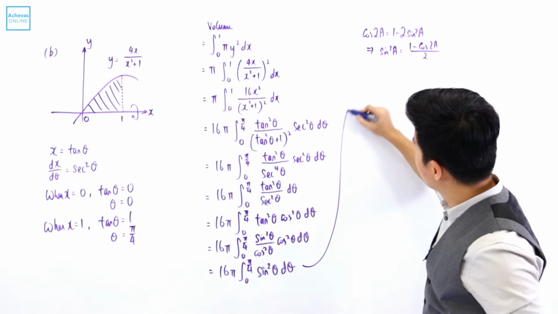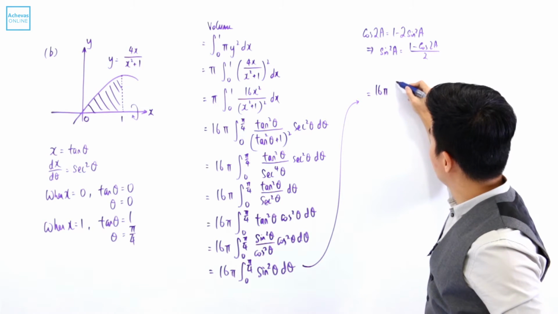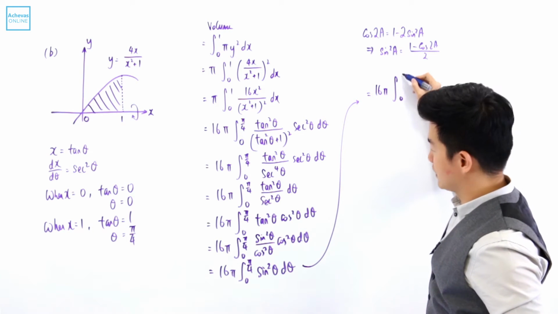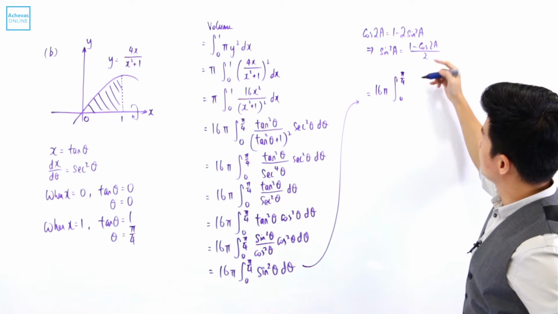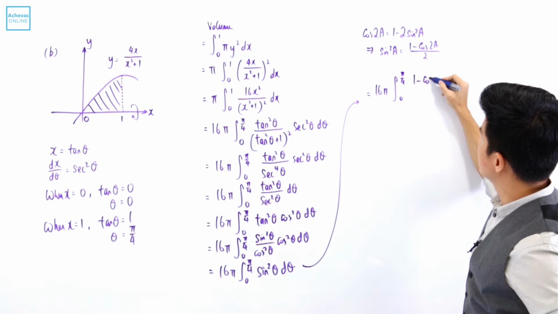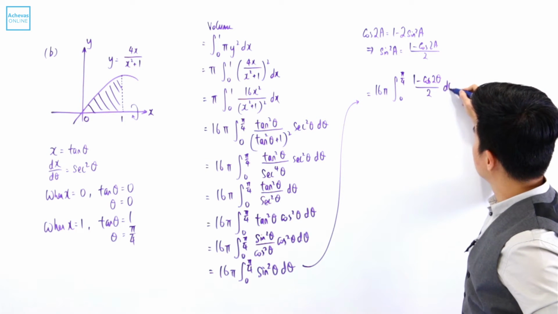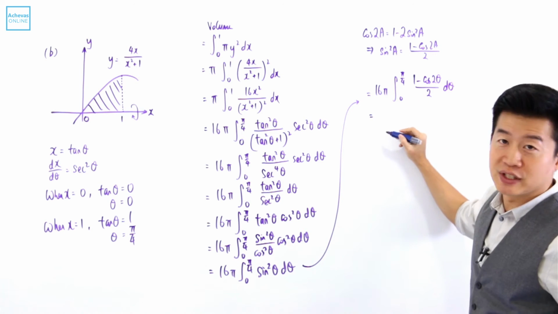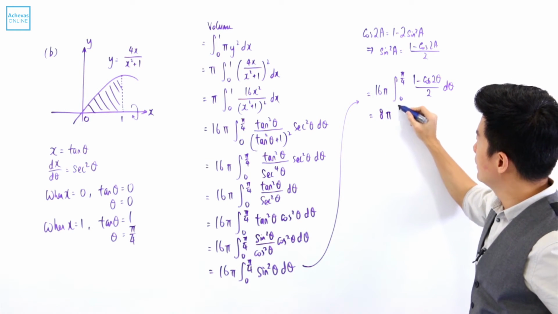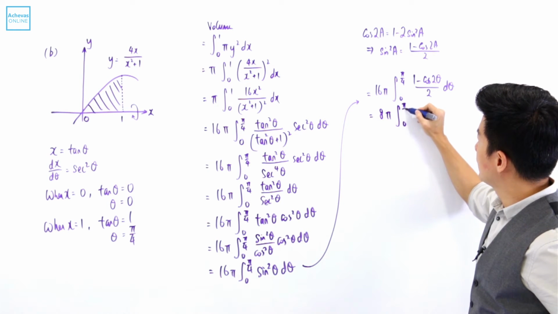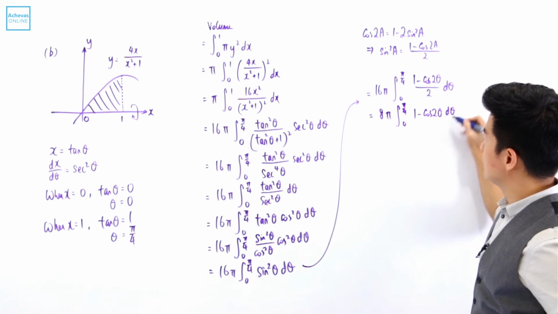So continuing from here, this is going to be equal to 16 pi of integration from 0 to pi over 4 of sine square, making use of this identity, 1 minus cosine 2 theta divided by 2 d theta. 2, if I were to take it out of the integration sign, it is going to be 8 pi integration from 0 to pi over 4 of 1 minus cosine 2 theta d theta.